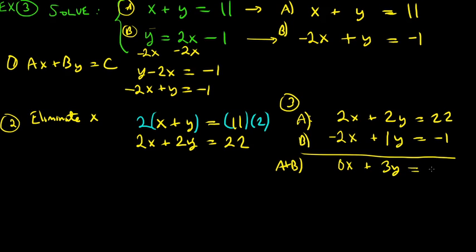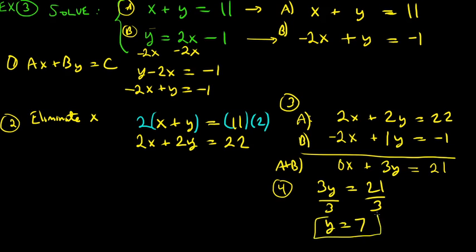And then 22 plus negative 1, 22 minus 1 is 21. So now, step 4, we have 3y equals 21. Divide by 3. And that solves for y. 21 divided by 3 is 7, so y is 7.